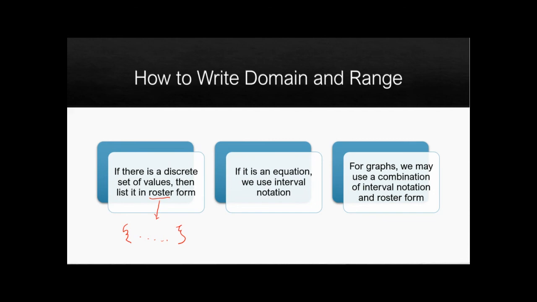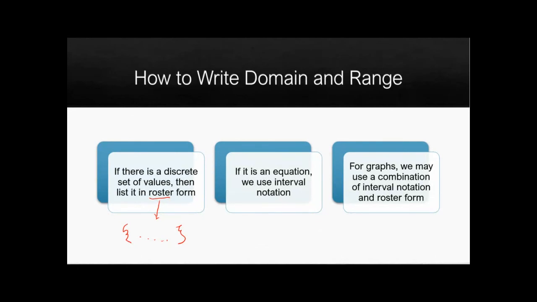If you have an equation, we have to use interval notation, where you're indicating whether something goes to infinity or maybe it's in between two numbers. So that's where you have to use parentheses and the brackets and all that we looked at when we were learning about linear inequalities.